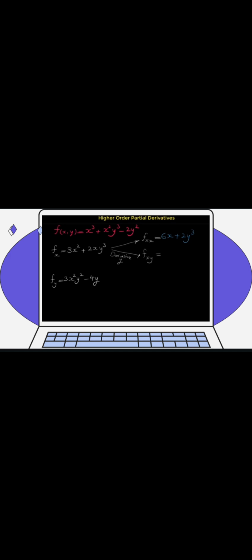The derivative of 3x squared with respect to y is 0, and the derivative of 2xy to the third with respect to y is 6xy squared. Don't forget that in this step, we are taking the derivative with respect to y.